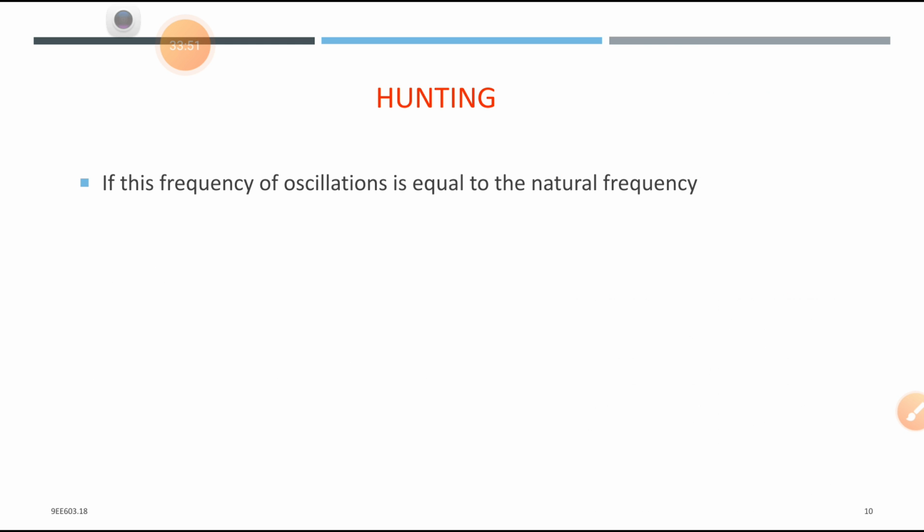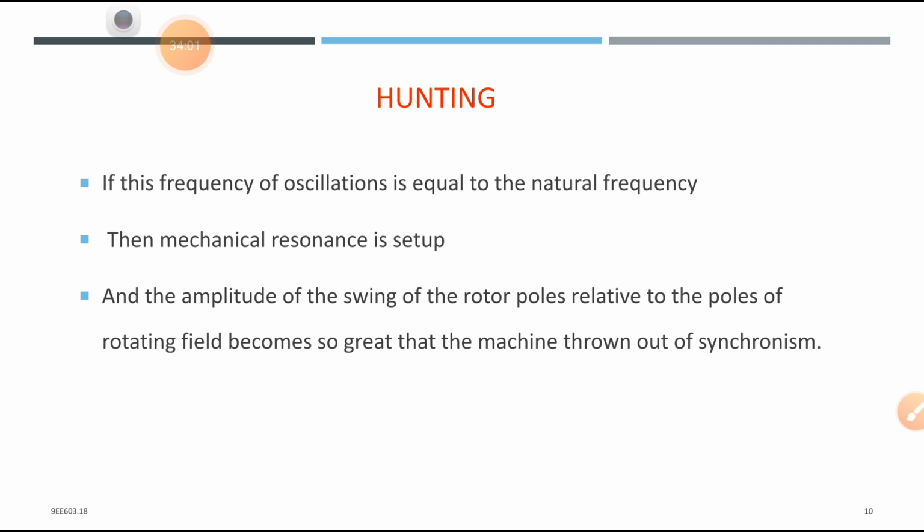If the frequency of these oscillations is equal to the natural frequency, then mechanical resonance is set up. The amplitude of the swing of the rotor poles relative to the poles of the rotating magnetic field of the stator becomes so great that the machine is thrown out of synchronism.